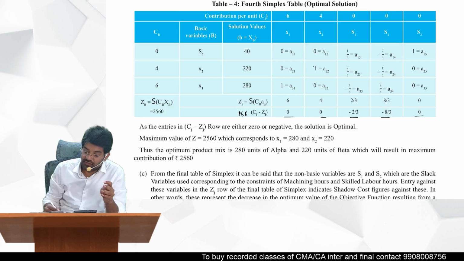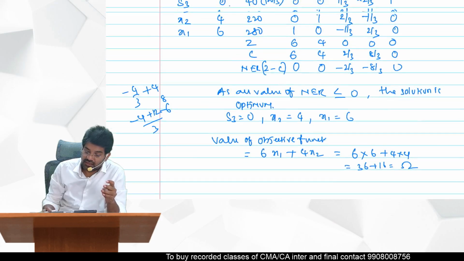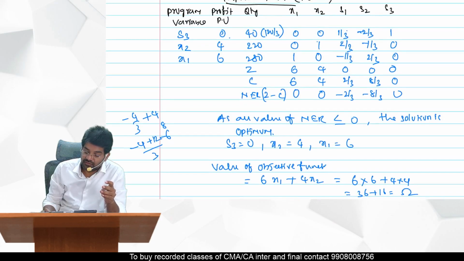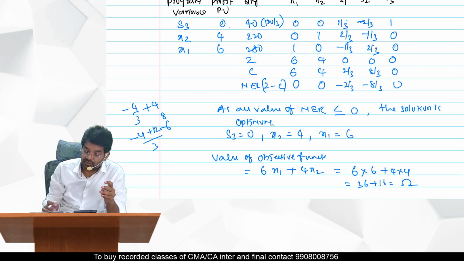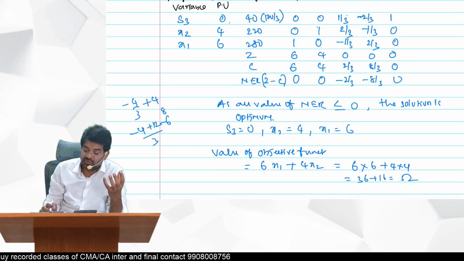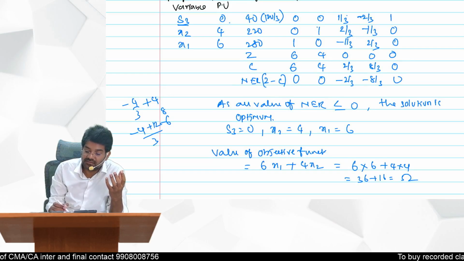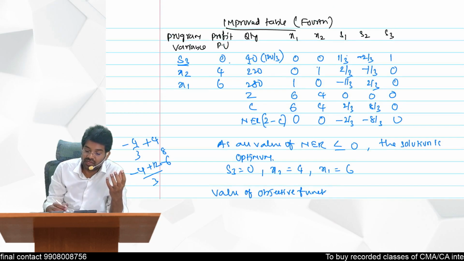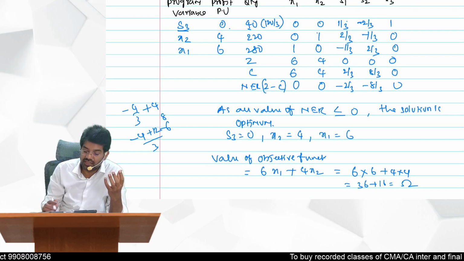What are the values I have taken here? This is profit per unit x. I took profit per unit. What is the quantity? How many units we should produce is the corresponding values, whatever we got in quantity, that we are supposed to take.